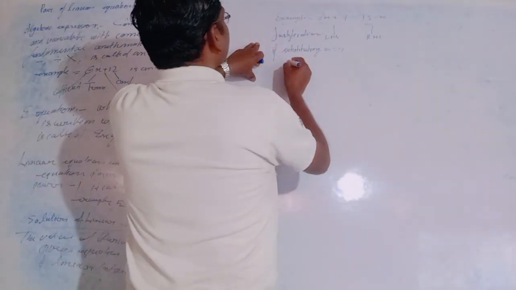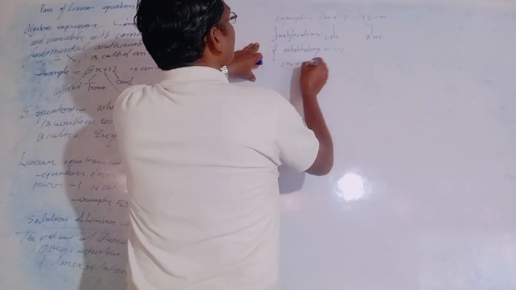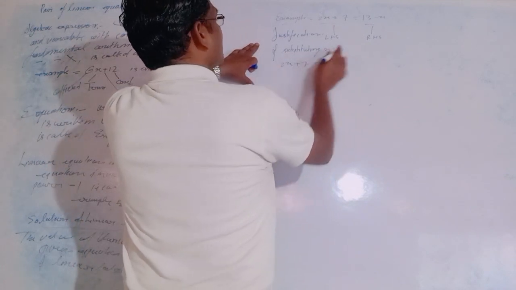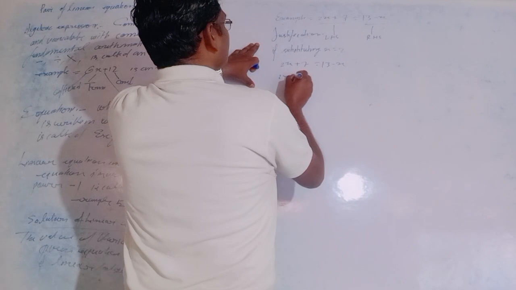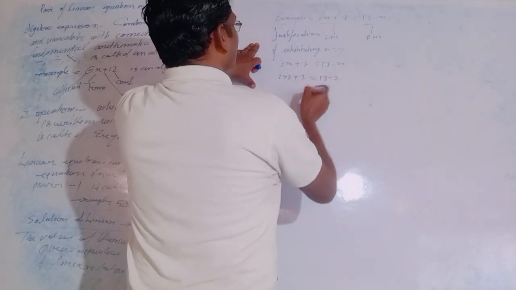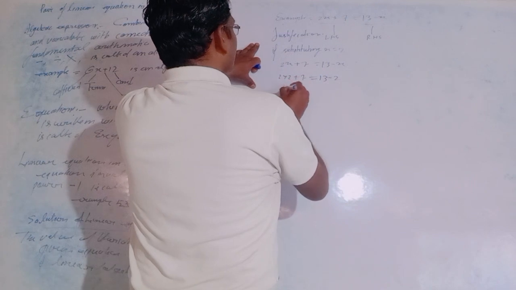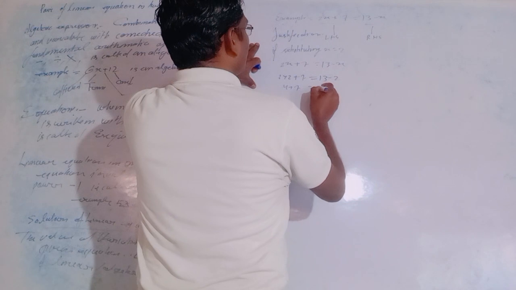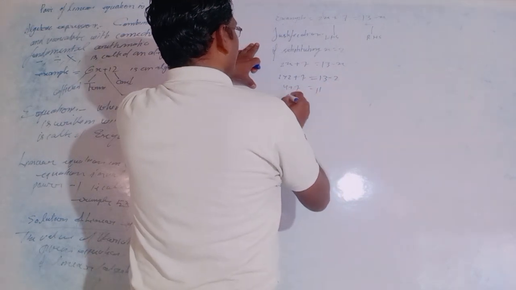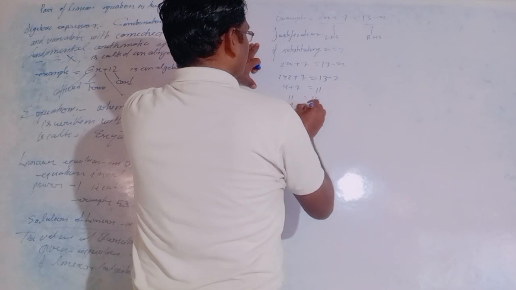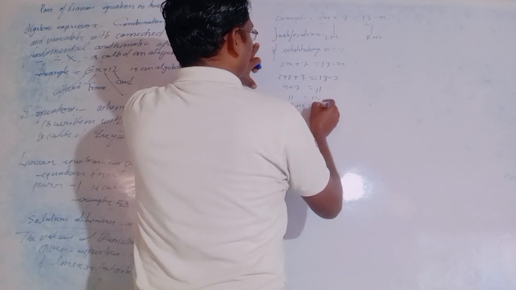So we write 2x plus 7 is equal to 13 minus x. Substituting the value of x: 2 into 2 plus 7 is equal to 13 minus 2. So 2 into 2 is 4, plus 7 is 11, equal to 13 minus 2, which is 11.